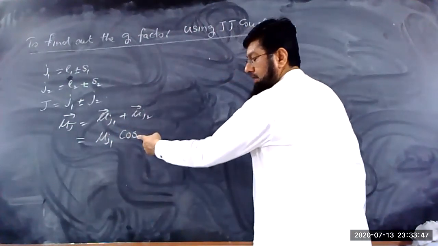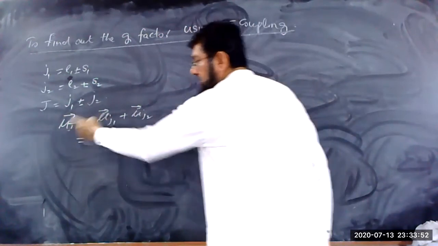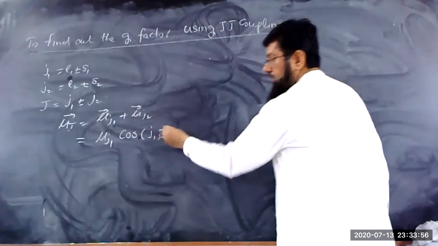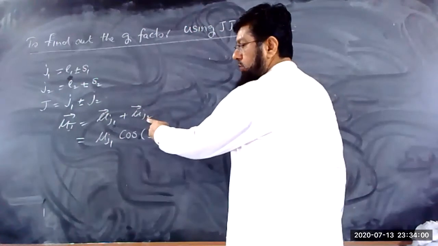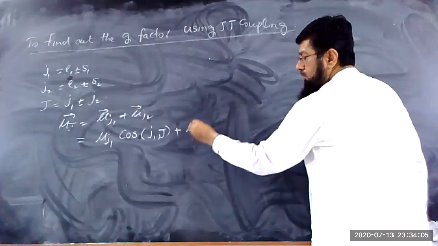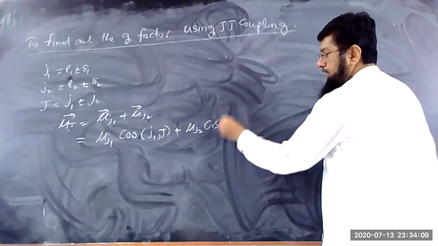Direction is given by the cos of the angle between J1 and capital J. Similarly, J2 makes an angle with J, so this is again mu J2 into cos of the angle between J2 and J.